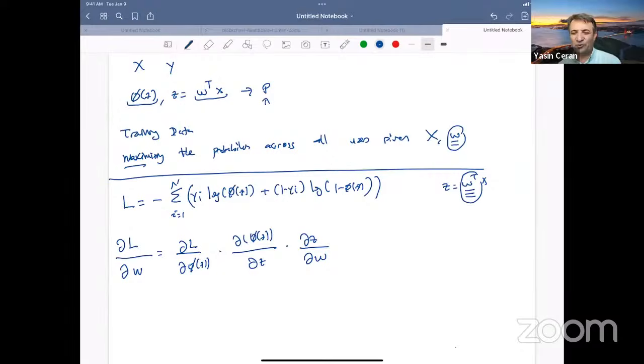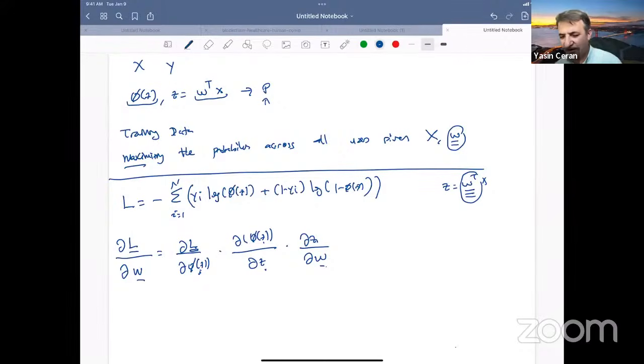For those who have not seen this before, I understand that at this point it's going to take a lot for me to explain what this is doing. So this is the chain rule. I'm taking the derivative of L with respect to W. I first take the derivative of L with respect to phi of Z, phi of Z with respect to Z, Z with respect to W. Why am I taking the derivative of L with respect to W?